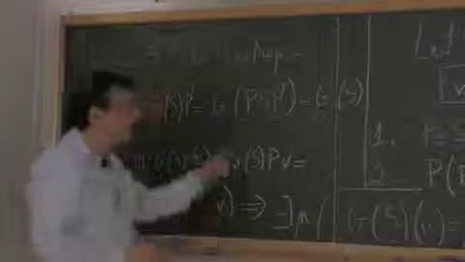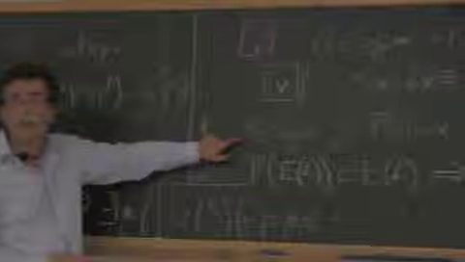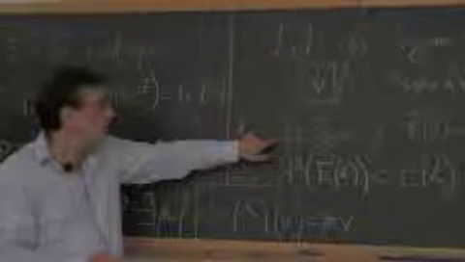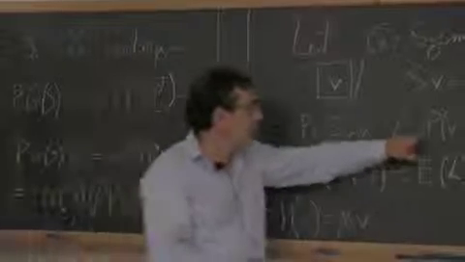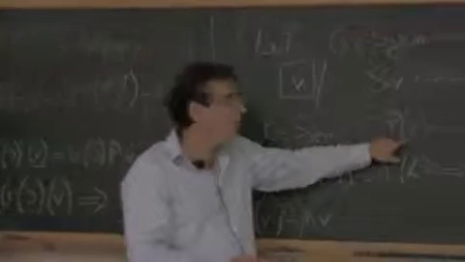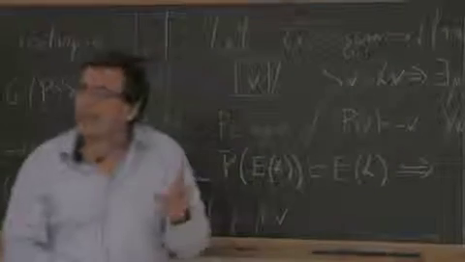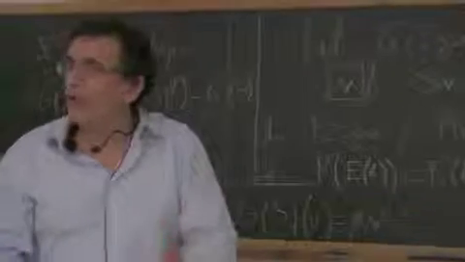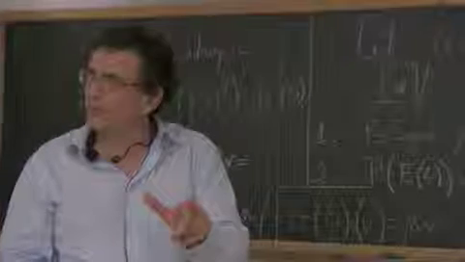I see you a little bit surprised, but if you consider that you apply 2 times P, P squared is equal to V. So P squared is the identity. So P is at the same time symmetric and orthogonal.